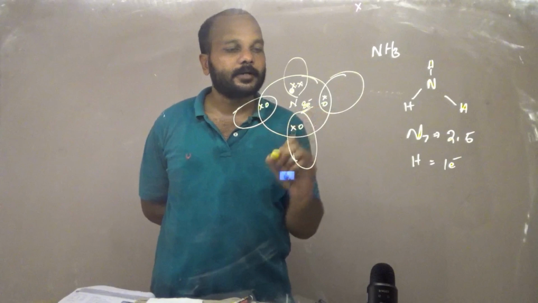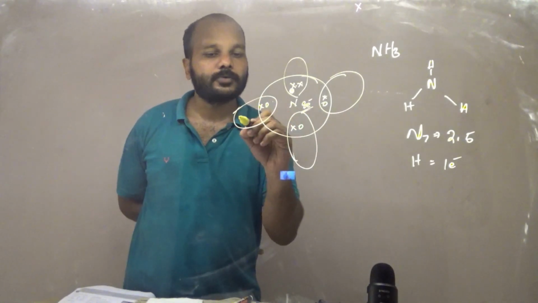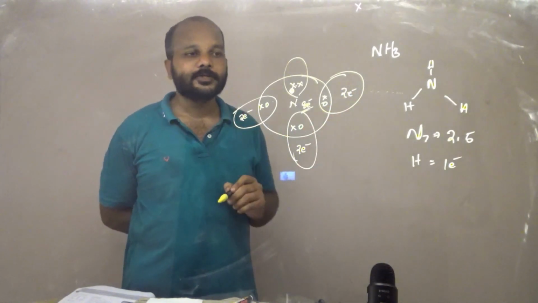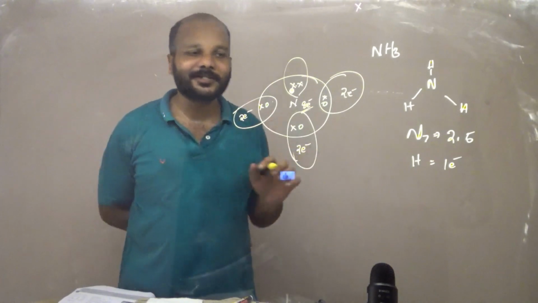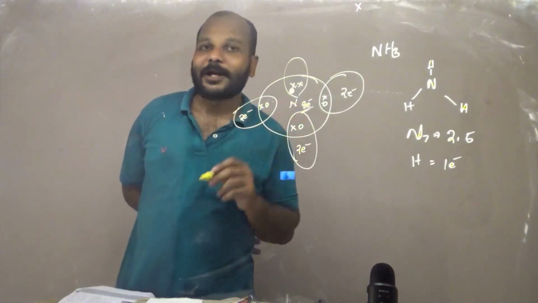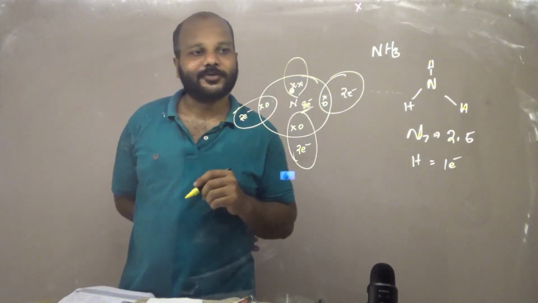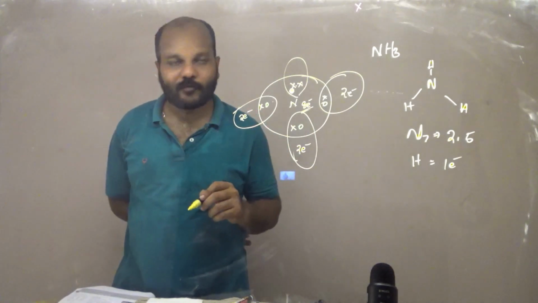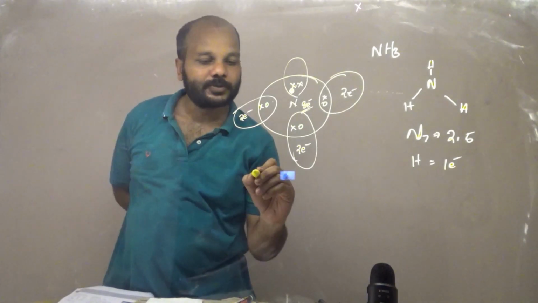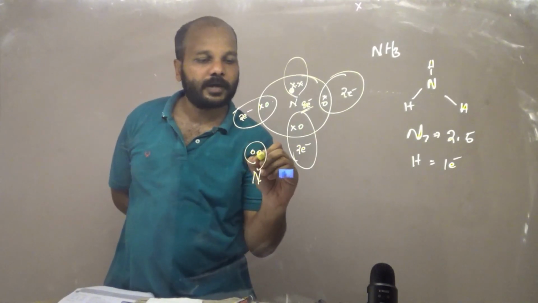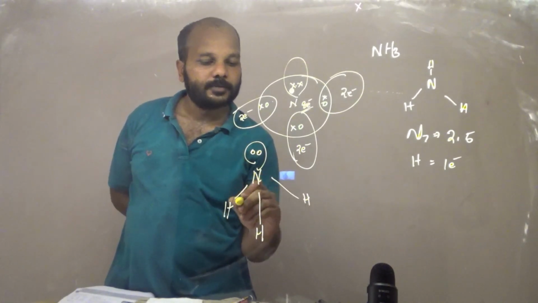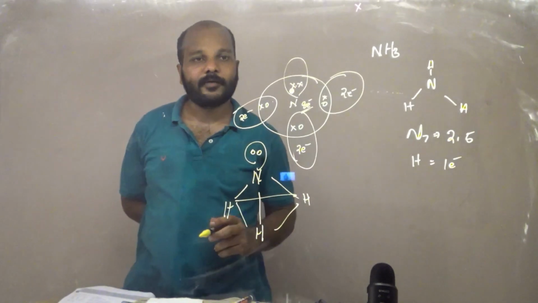Each hydrogen atom has 2 electrons, so every hydrogen is happy because it got 2 electrons in the outermost shell. Nitrogen already has 8 electrons in the outermost shell with 1 lone pair of electrons. And it is going to occupy the geometry of a pyramid. A pyramid is something like this, so nitrogen is going to have a pyramid geometry.